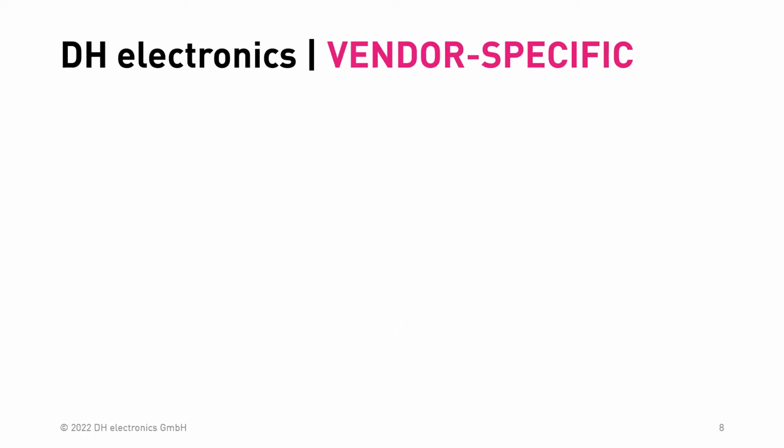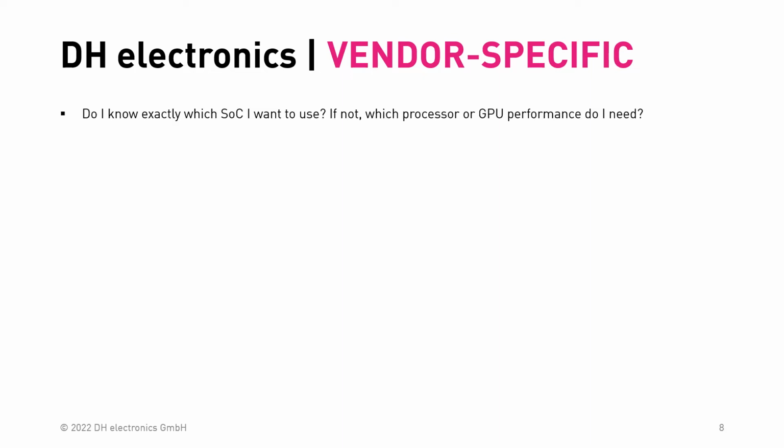Now let's have a look at the vendor-specific questions. Here are some examples. The first one: do I know exactly which SoC I want to use? If not, which processor or GPU performance do I need? In the past, I often saw potential customers coming to me and we discussed the requirements of the project, and they told me they would like to use the i.MX8, as an example.